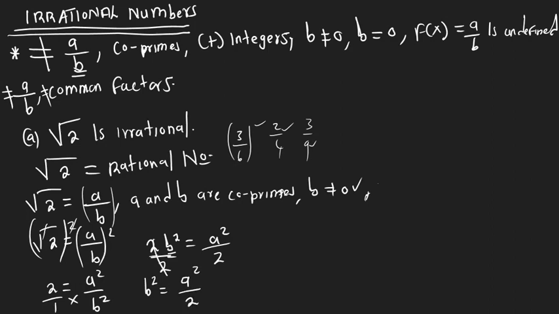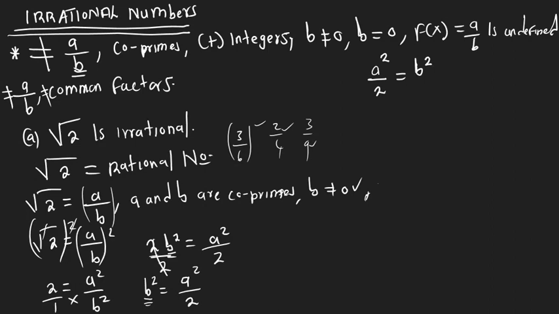Now, if you divide a squared by 2, you are getting a single number, which is b to the power 2. This b to the power 2 does not have any decimal. It is just b to the power 2, a single number.